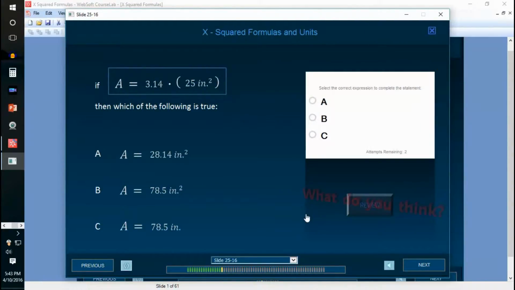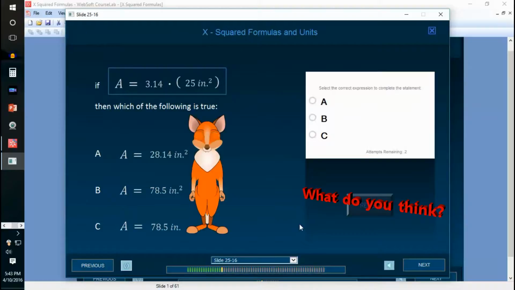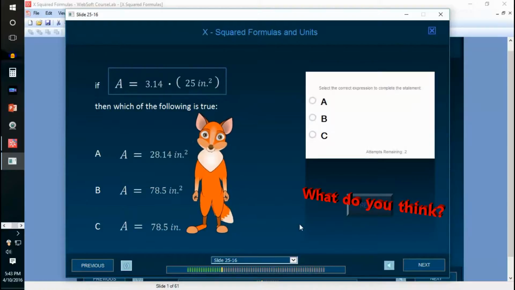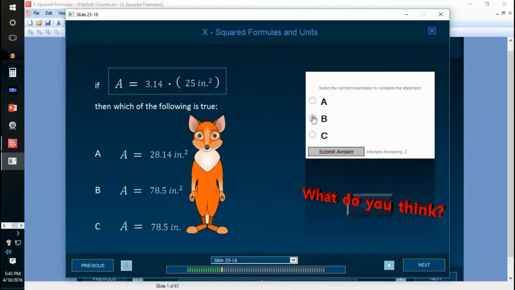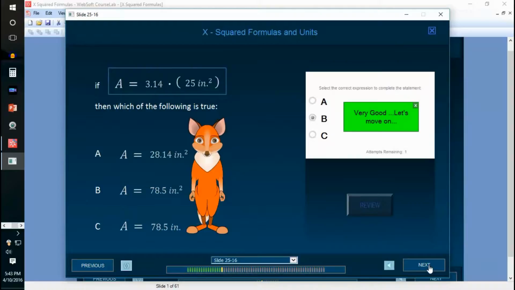If the area equals 3.14 times the quantity 25 inches squared, then which of the following is true? Correct. Our final answer is answer choice B.